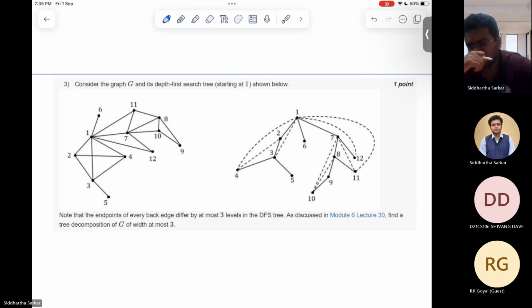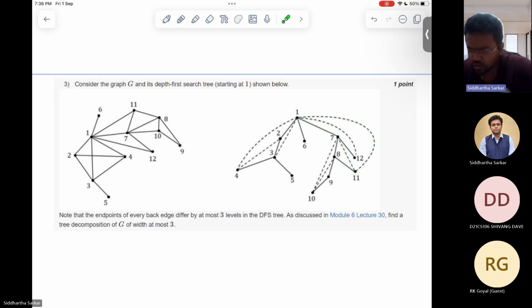So from this DFS tree, there is a way to find a tree decomposition of G of width at most 3, and width is at most 3 because if you look at the back edges, that is the edges which are dotted, these dotted edges are moving from one level to their ancestors, so they're not jumping more than 3 levels.